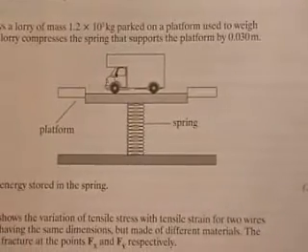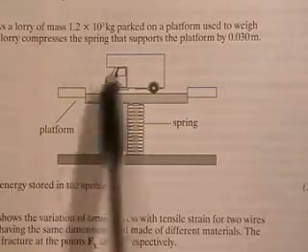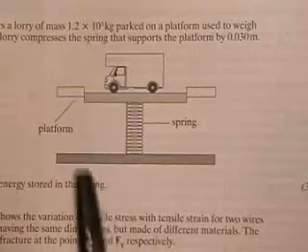So if we come back to the question, we found the formula from the data sheet, which you'd have with you in the exam. So to find the energy stored, half times the force times the change in length. So we look, does it tell us what the force in the spring is? Well, it doesn't, but it does tell us the mass of the lorry.